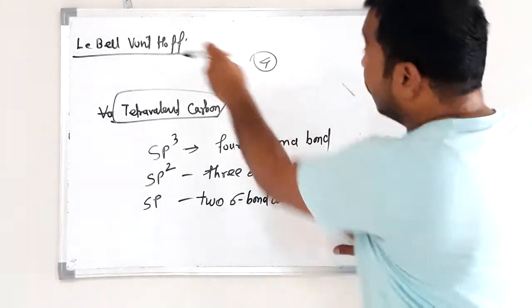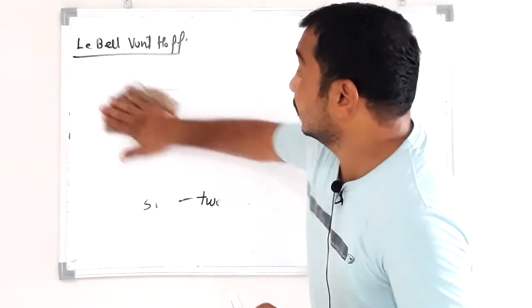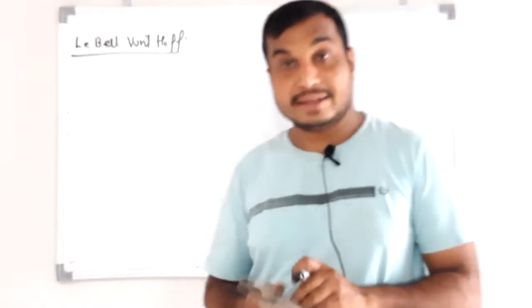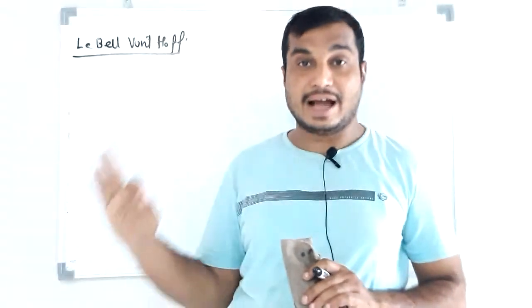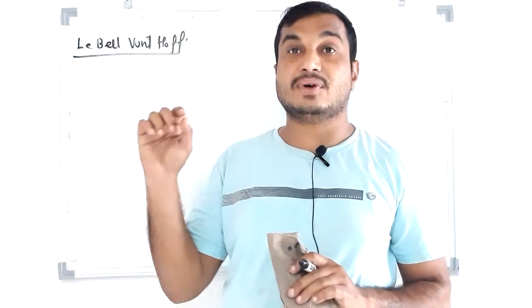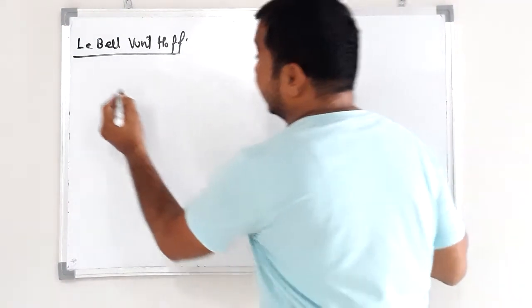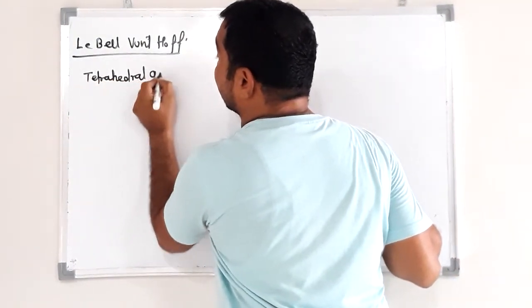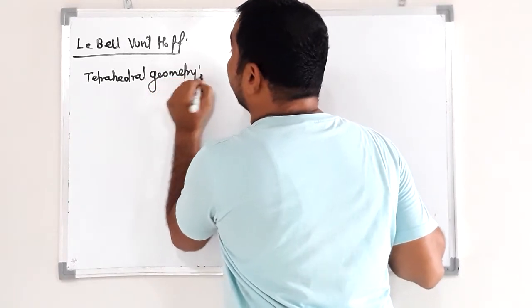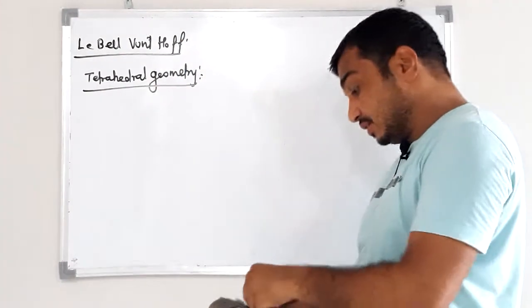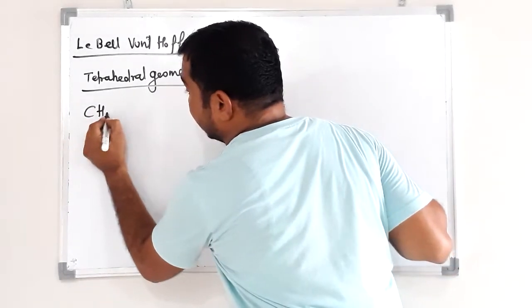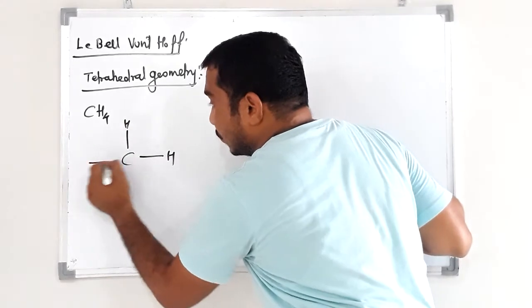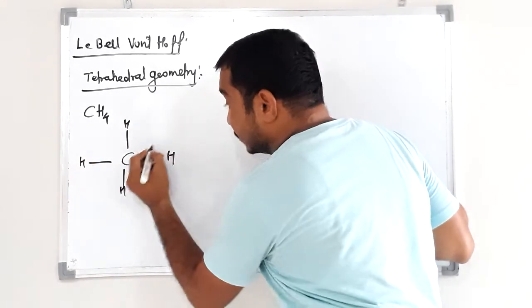Now according to this, tetrahedral carbon undergoes sp3 hybridization, and the geometry for that carbon is tetrahedral geometry, for example methane. In methane, carbon is attached to 4 hydrogen atoms by sigma bonds.